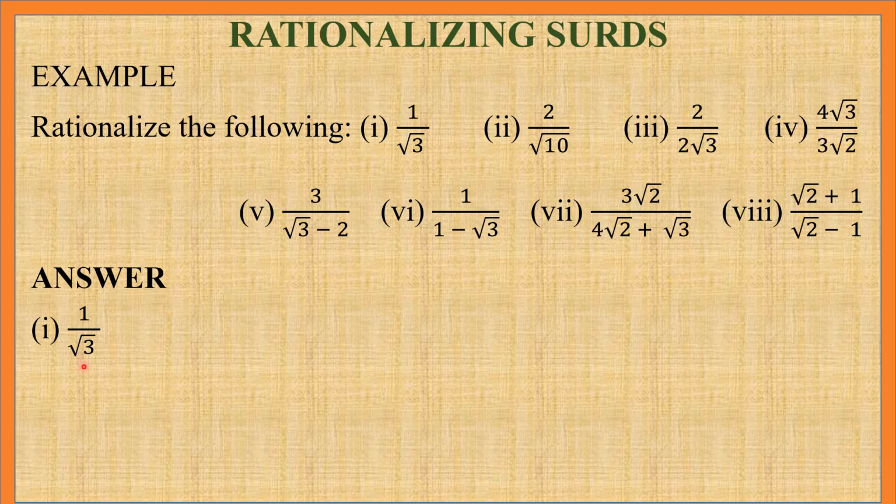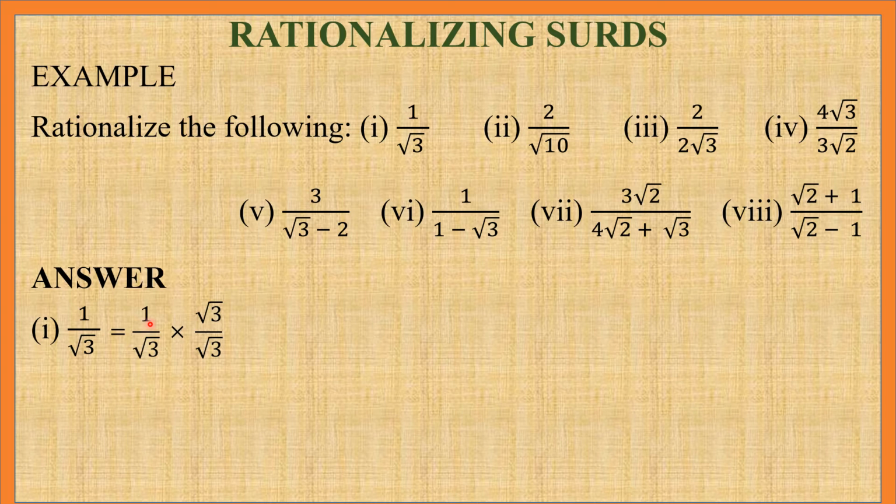So first of all, you look at the denominator. We can see that the denominator is a monomial denominator. So you simply multiply the numerator and denominator by the denominator itself. So this will be equal to 1 over root of 3 multiplied by root of 3 over root of 3.